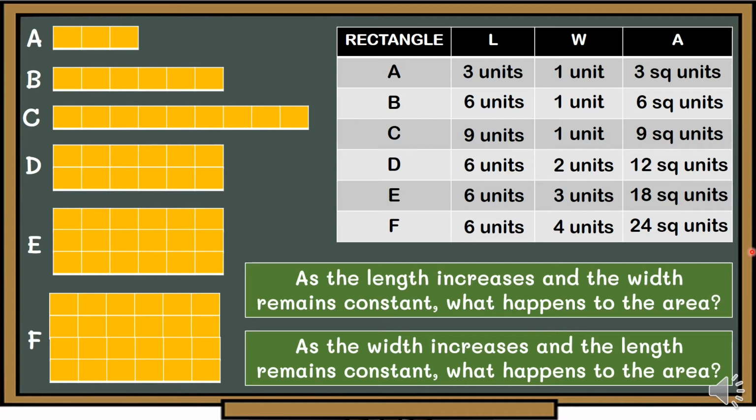When the length naman is tripled and the width is the same, definitely the area is tripled. Similarly, when the width is doubled and the length is the same, the area is doubled as well. Okay, clearly, the area of a rectangle is proportional to the product of its length and width.